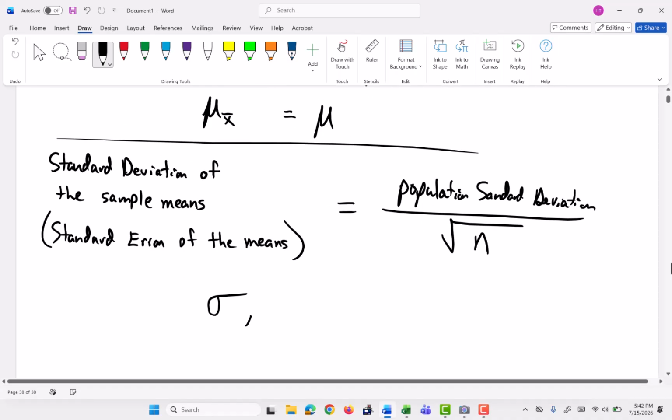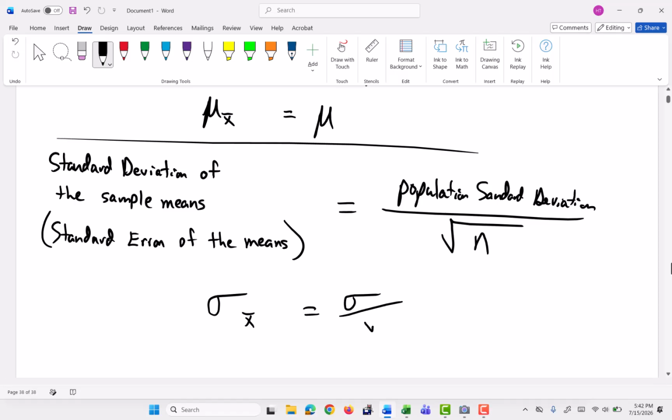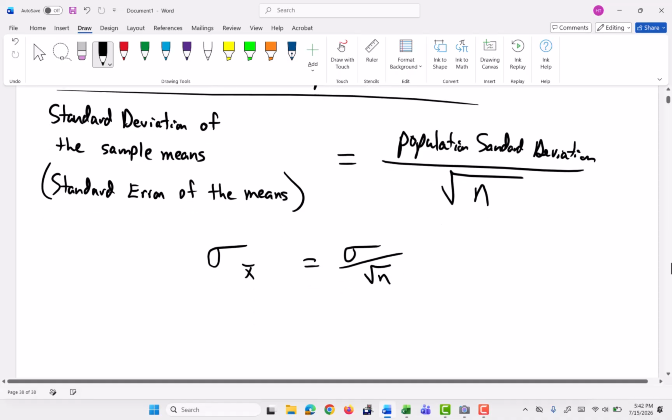So the standard deviation of those sample means equals the standard deviation of the population divided by the square root of n. So what does this mean?